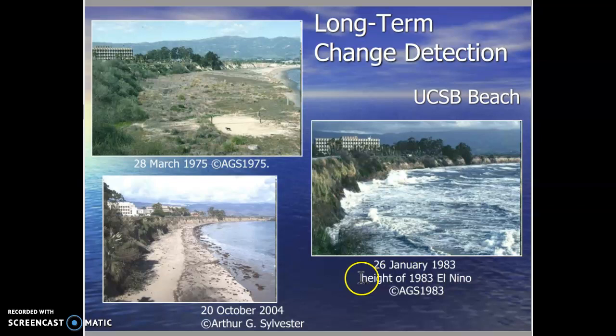There was another pretty devastating El Nino in 97, 98, but it wasn't as bad in this location as the 82, 83. But you can see that the beach has grown back. It's certainly not at 75 conditions, but it has grown back. So that's a long-term change detection example.